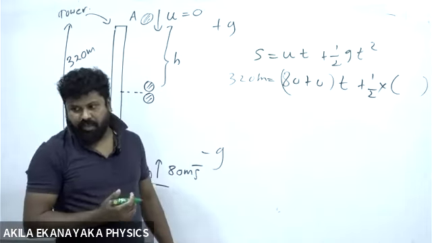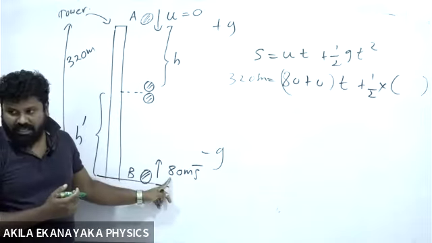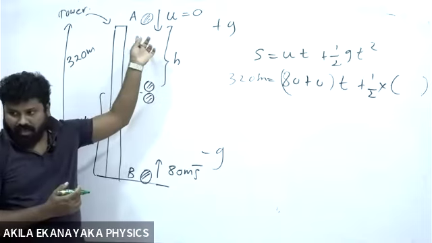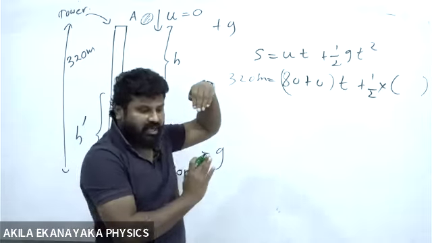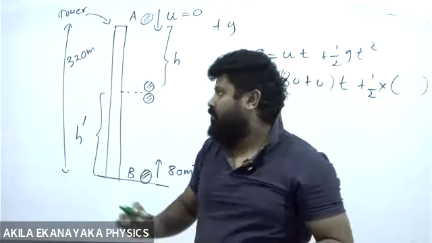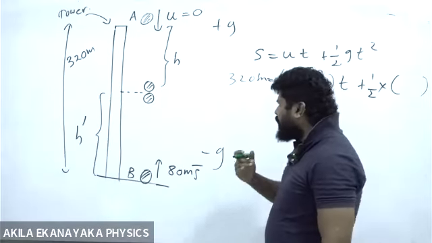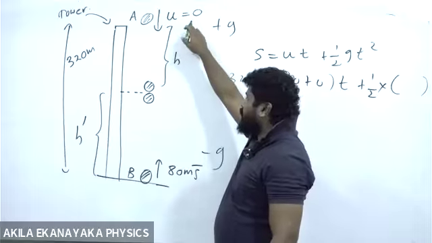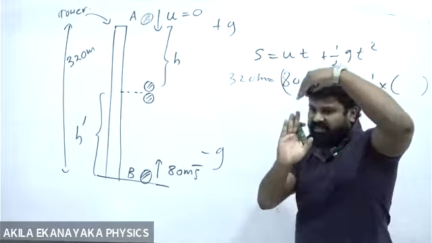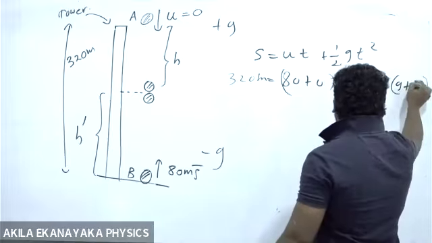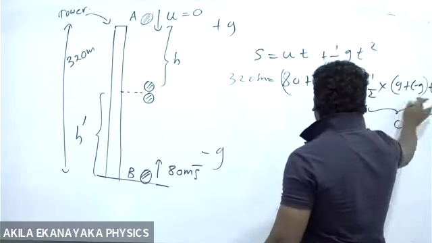One is decelerated and one is accelerated, and the directions of these accelerations are opposite. So I take plus g here and minus g here, plus g minus g, and you get zero for this term.